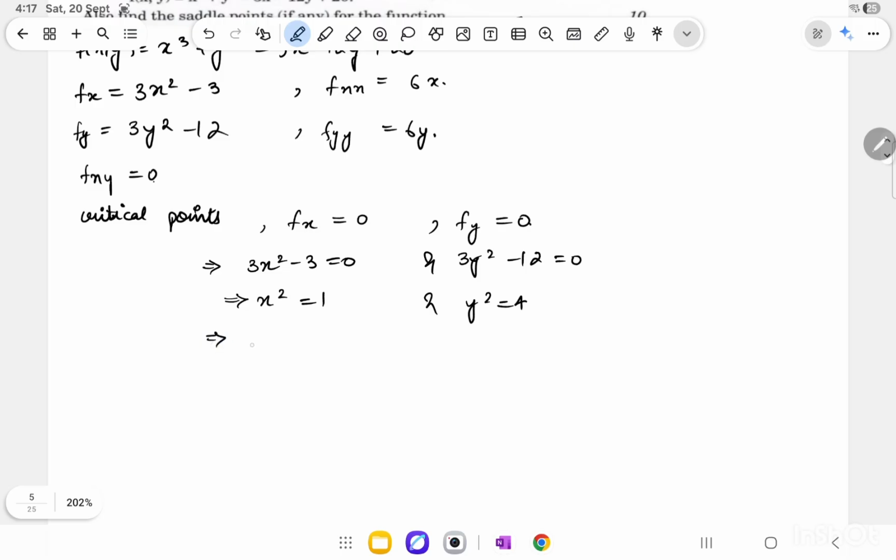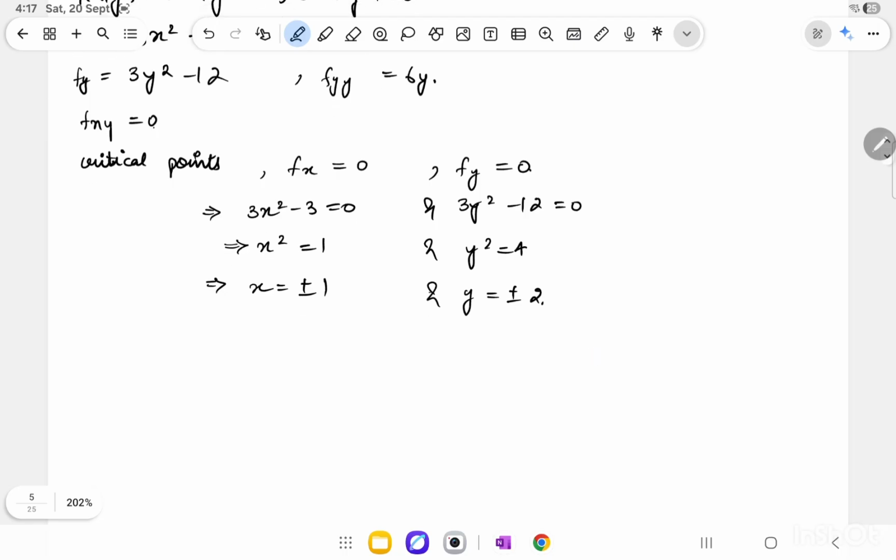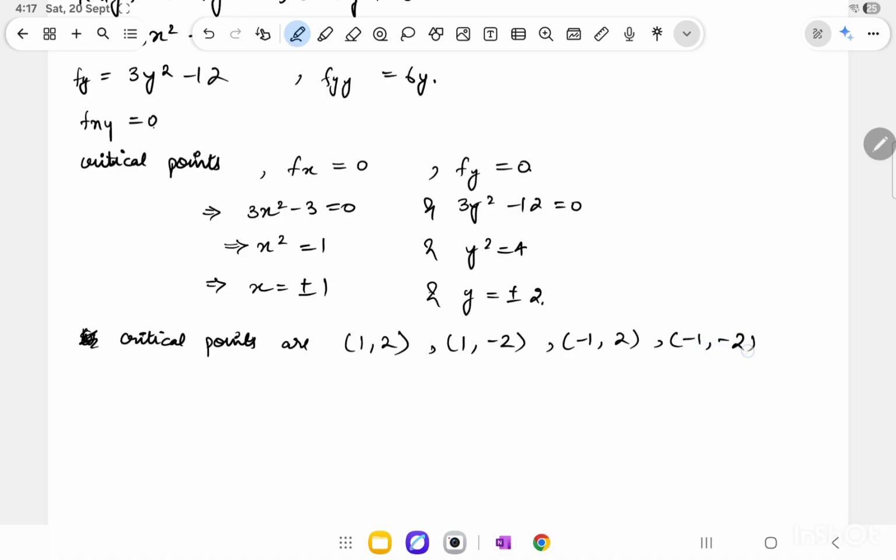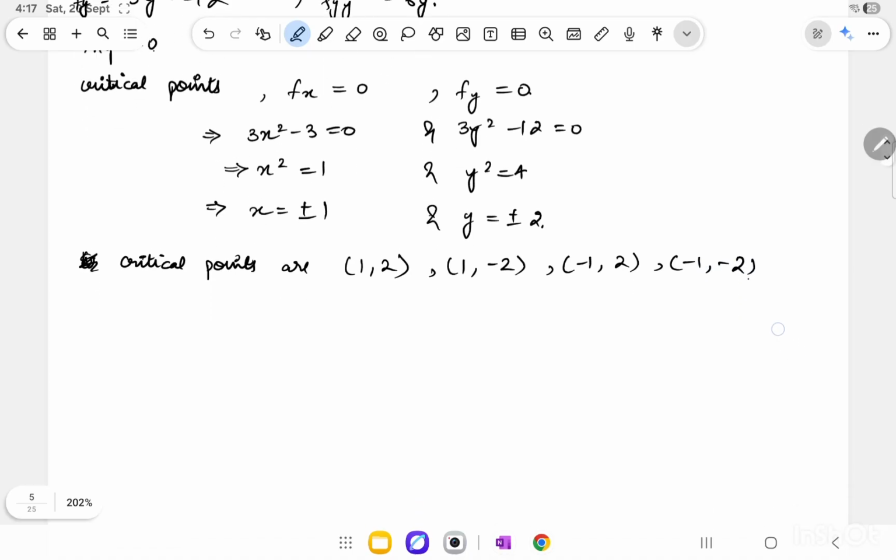So x equals plus minus 1 and y equals plus minus 2. So I got 4 critical points: (1, 2), (1, minus 2), (minus 1, 2) and (minus 1, minus 2).